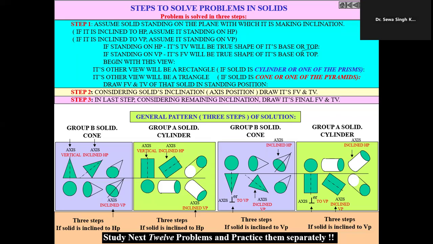Then comes step number two, considering solid's inclination, means position of axis with the other plane, we have to draw the second step. And then in third step, the second condition means inclination to the second principal plane is to be considered in the third step. So we will see these three steps in the next solved problem.